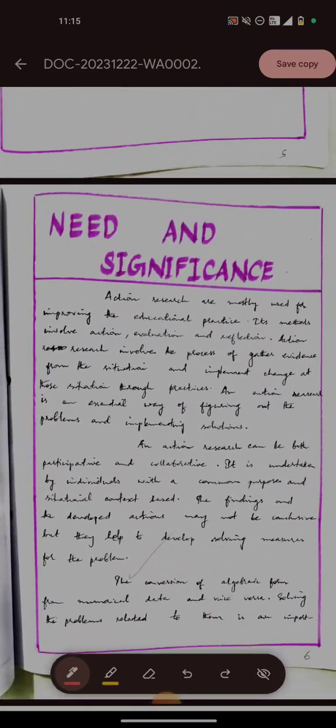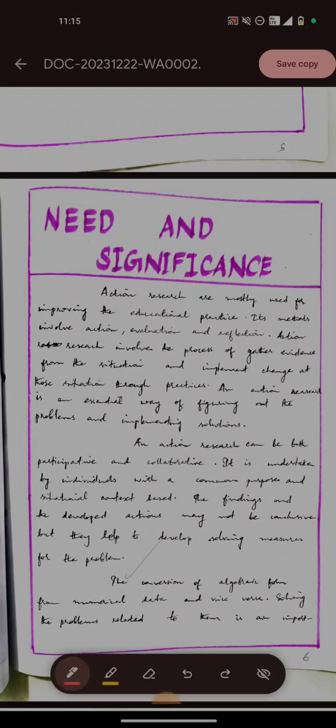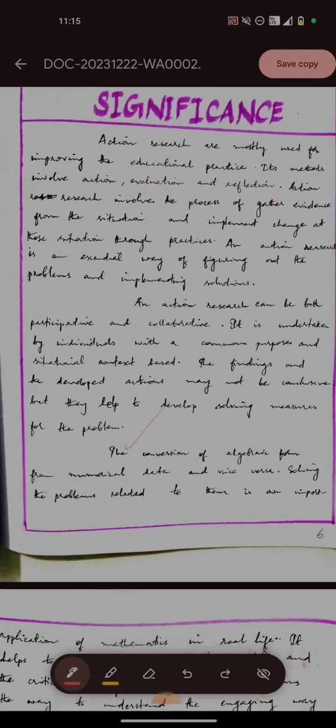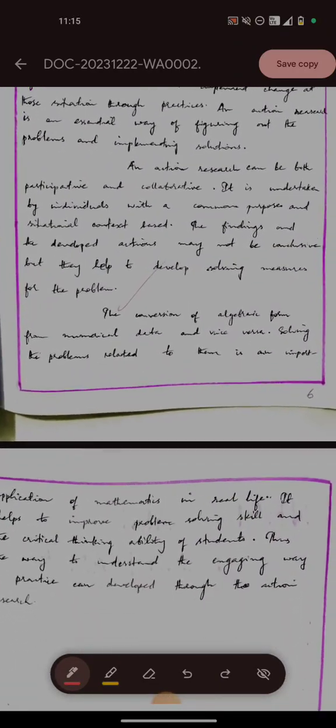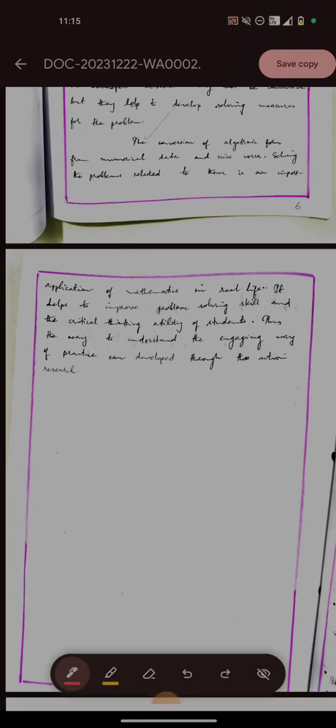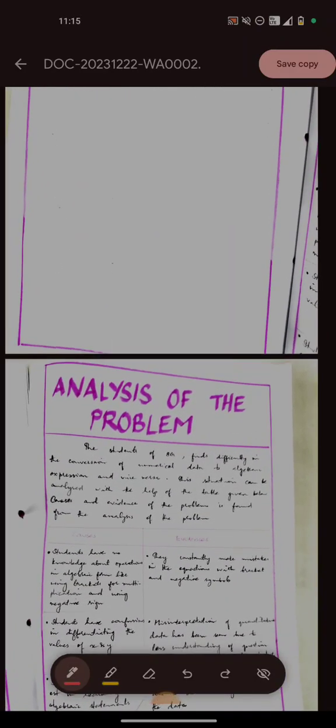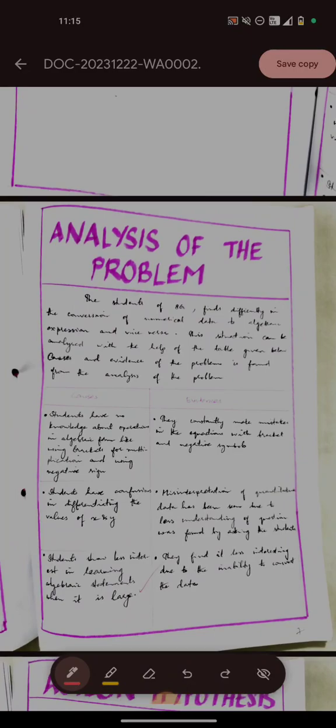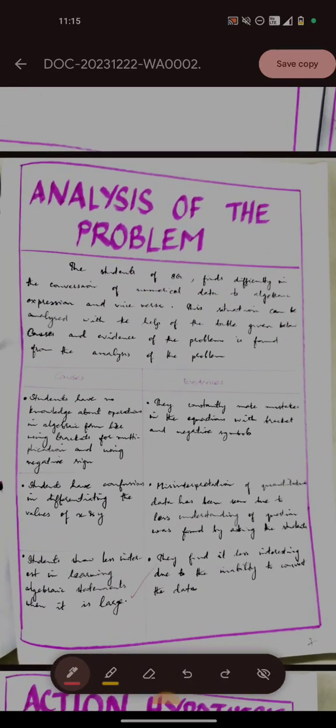Next is the need and significance of the action research, what is the need of such an action research, and what is the significance of doing it, which is explained here. Next is the analysis of the problem. Here we should analyze the problem, like the possible causes of the problem, and what are the evidences through which we can understand this is the cause.